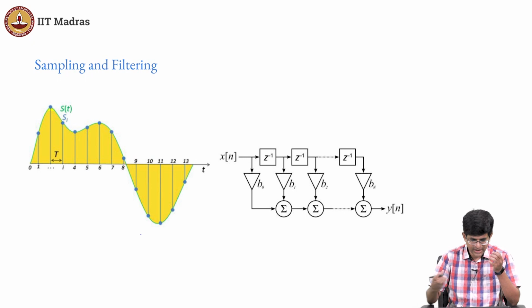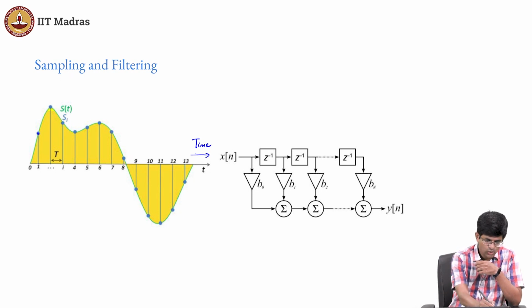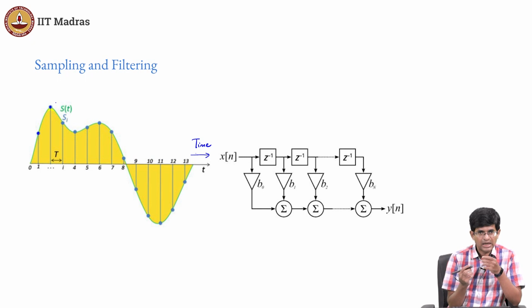Now those of you who have done a course on signal processing might have seen pictures like this. What is this picture trying to show? It's basically saying that this horizontal axis is time, right? And each of these values, these blue dots that you see over here, are, let's say I have a microphone pinned to my shirt at this point, right? What is that microphone doing? It's picking up my voice and converting it into an electrical signal.